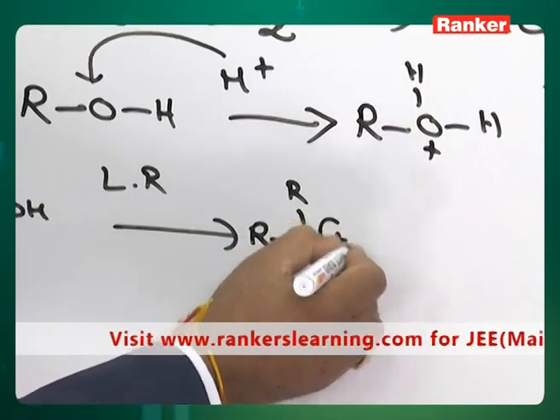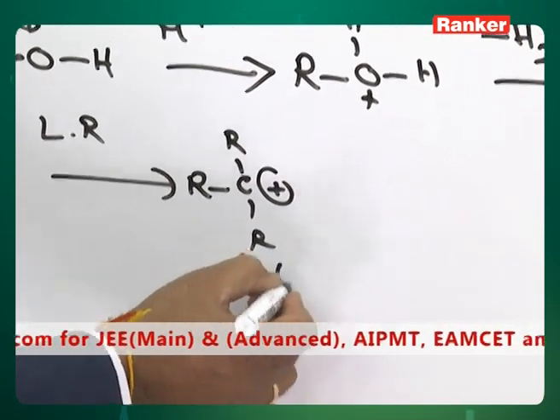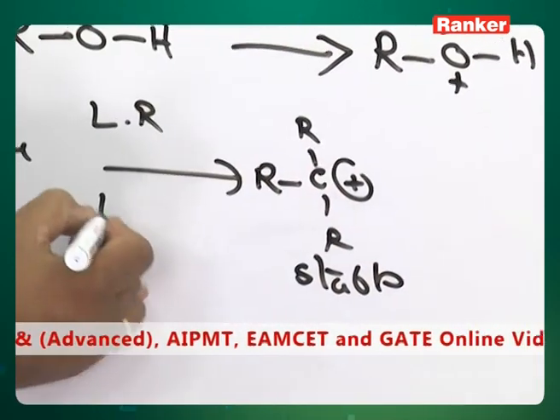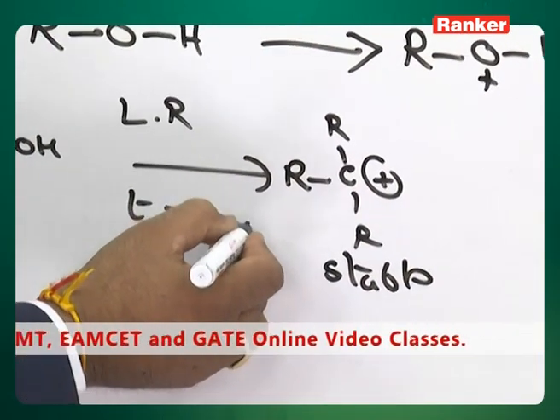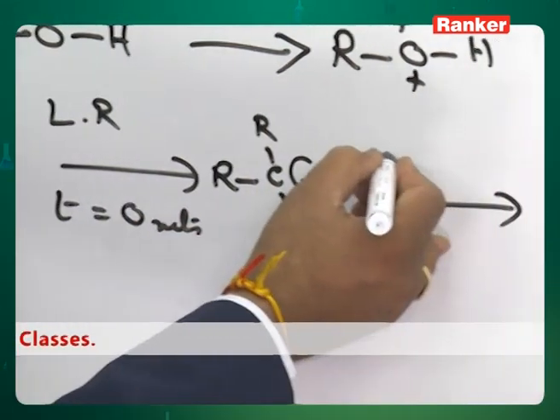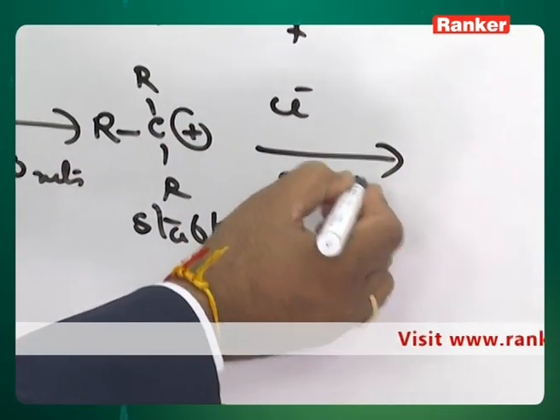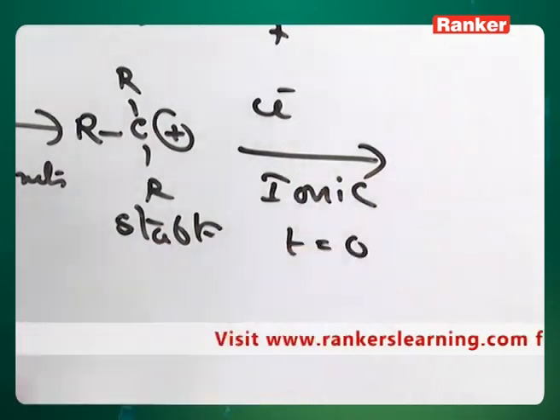The tertiary carbocation formation is very easy because it is very stable. So, the time required for the reaction is 0 minutes. And once the carbocation forms, the second attacking species is Cl minus. This is an ionic reaction. All ionic reactions take 0 minutes.